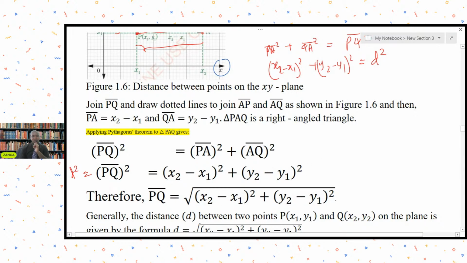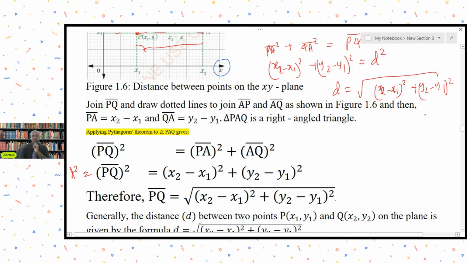To get PQ, you need to take the square root of both sides. So it's the same as taking D equals square root of (X2 minus X1) square plus (Y2 minus Y1) square.